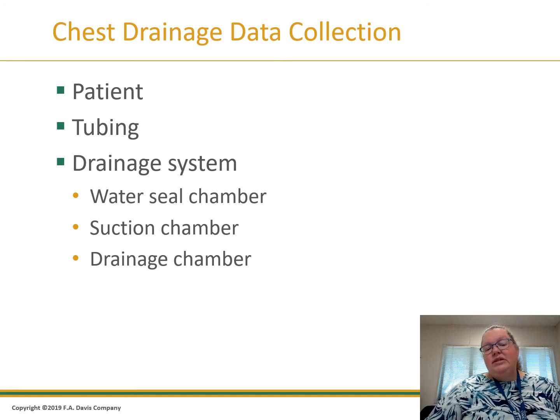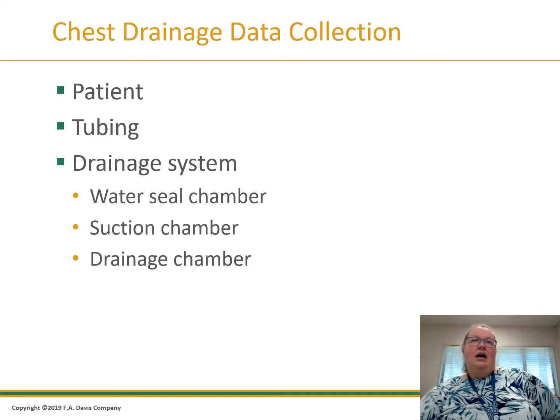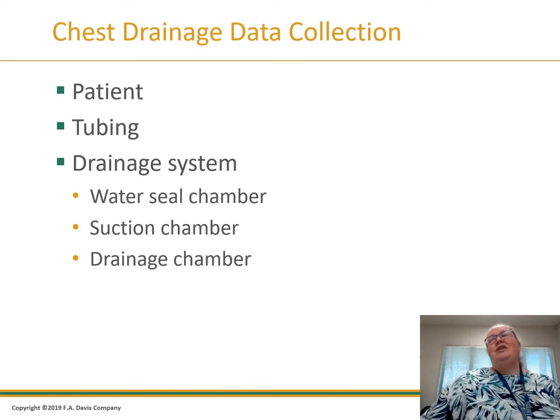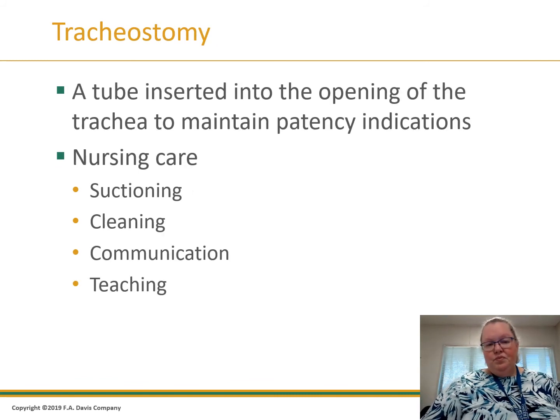We need a drainage system. We need to fill up the water seal chamber with the water provided. It's not sterile water or anything. We can use tap water, but it's got a blue tinge to it so you can see fluctuations, because usually it's white. It's easier to see when the water's blue.